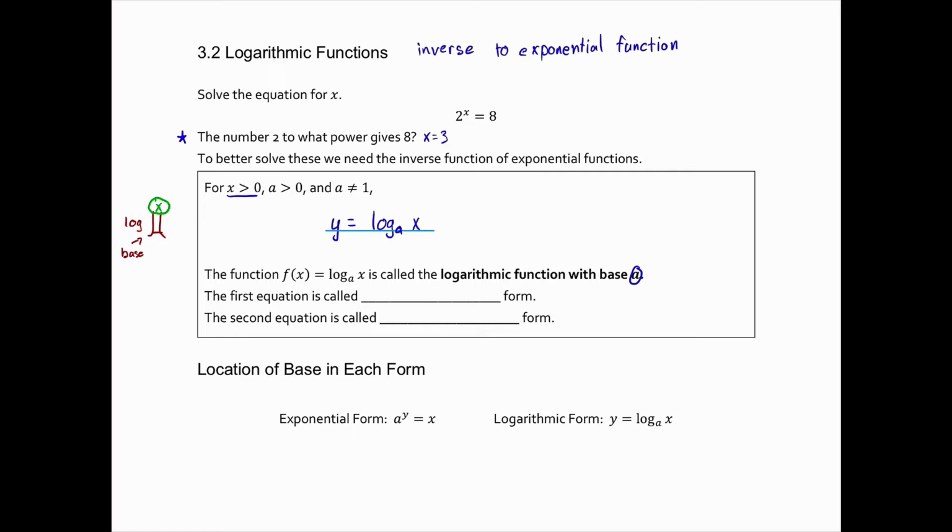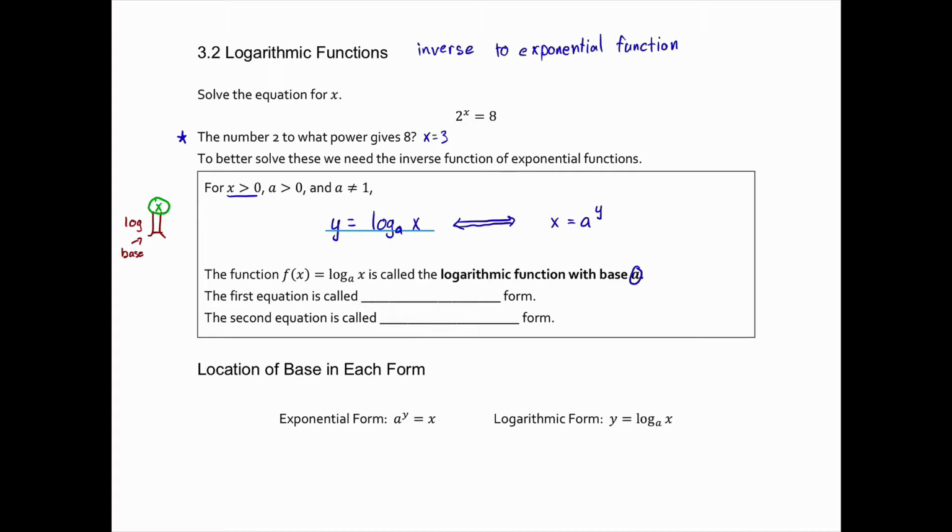What we're going to now work with is just converting it back to its exponential form, and then we can see the relationship between them. So if we want to understand these further, what we can go ahead and do is switch it to its exponential form, and that would be x equals a to the y.